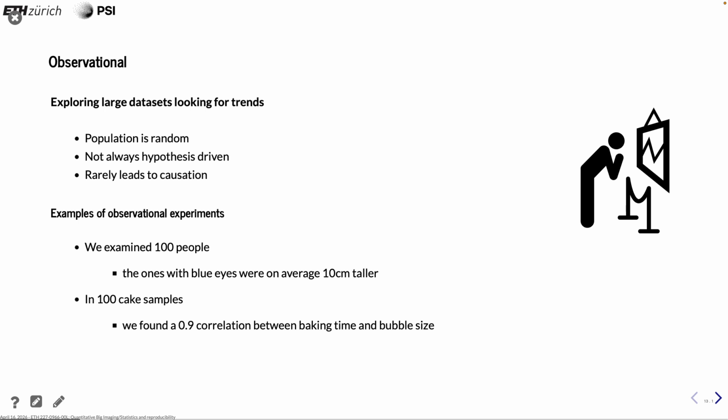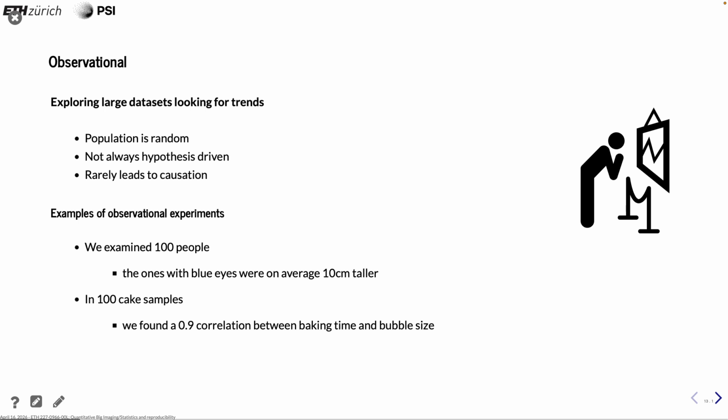When we have the observational experiment, we can explore a large data set, looking for trends, or it could be that we have a random population. It's not always hypothesis driven. You can just walk around there and see correlations, but it's very difficult to see any causation in those experiments.